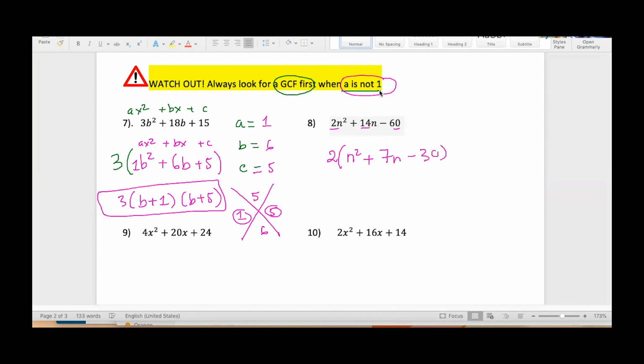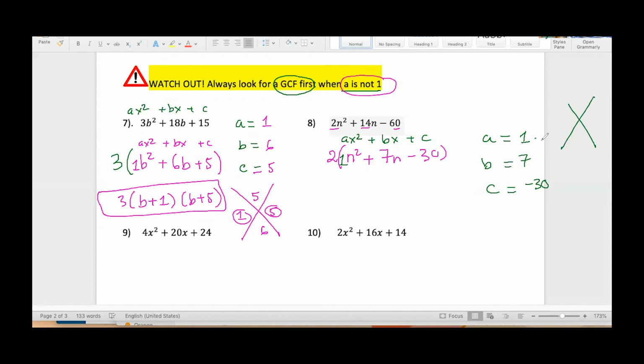Okay, my ax squared plus bx plus c belongs in here. So help me with A, B, C. A equals 1. Okay. B is 7. C is negative 30. Okay. Again, we go multiply.